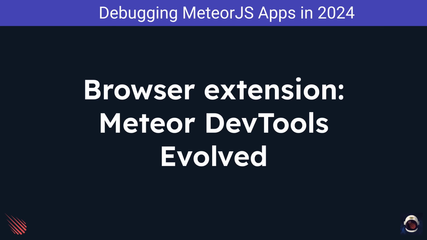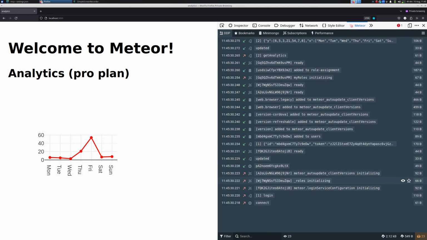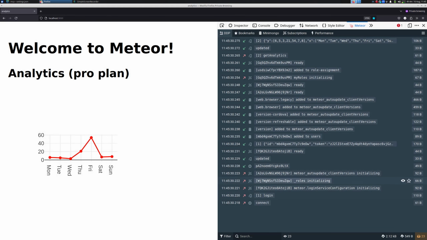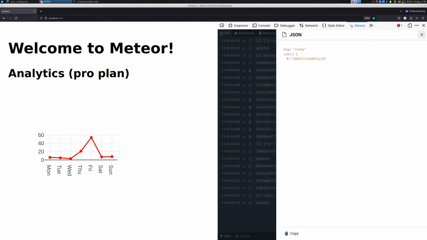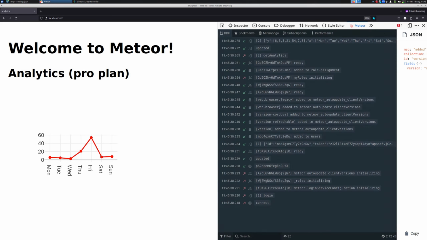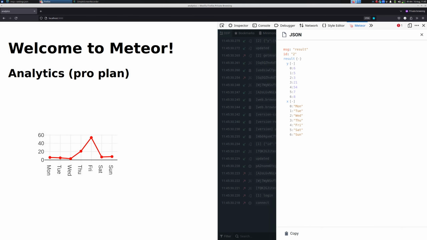Number 2. DevTools Evolved. This browser extension may be the most helpful tool for many debugging tasks around the Meteor server-client communication and data exchange. It monitors the entire DDP traffic between client and server and allows to review the full protocol stack live.